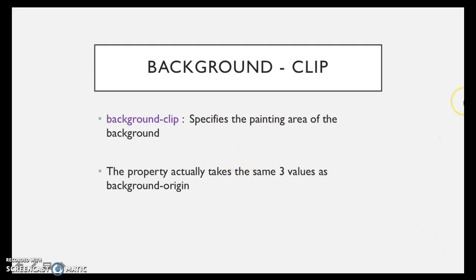Okay, the next property we're going to talk about is background clip. The background clip specifies the painting area of the background. The property actually takes the same 3 values as background origin.